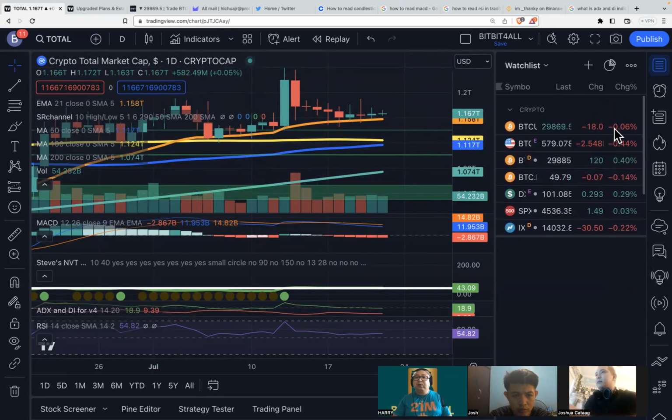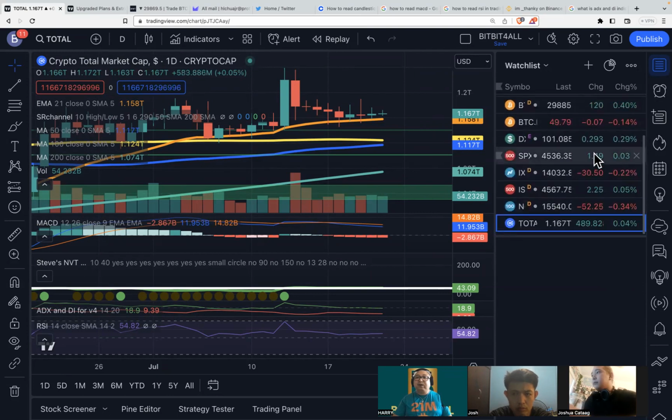So ito lang ang ginagamit ko as indicator, macro indicators, macroeconomics, kasi kailangan alam mo rin yung nangyayari sa mundo. Kasi it will affect the price. Kung hindi ka nakikinig sa news, minsan matatalo ka.